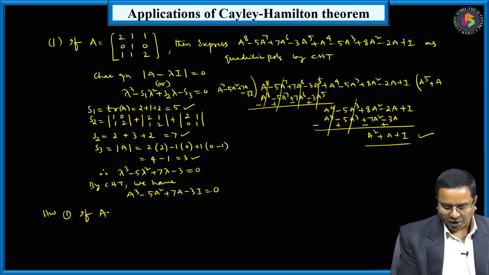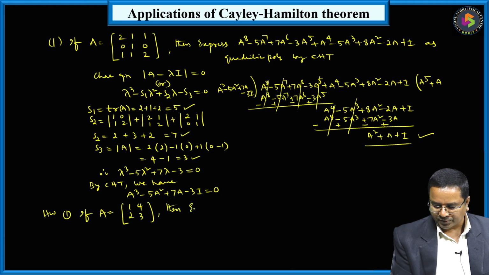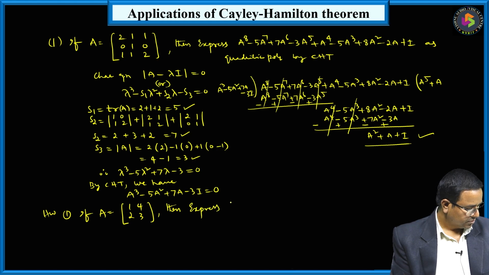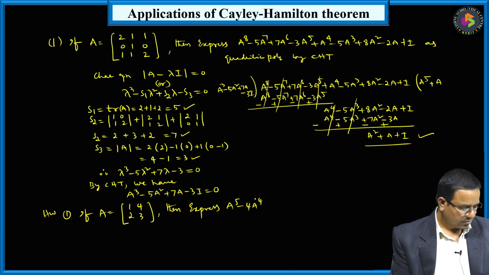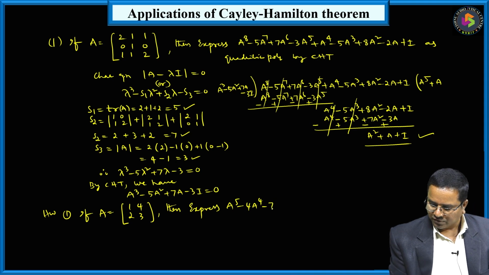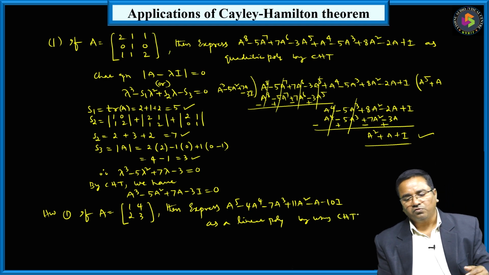If A equals 1, 4, 2, 3, then express A power 5 minus 4A power 4 minus 7A cube plus 11A square minus A minus 10I as a linear polynomial by using the Cayley-Hamilton theorem.